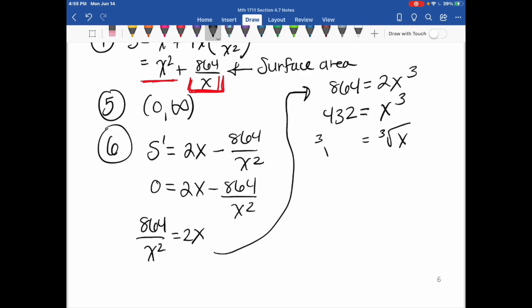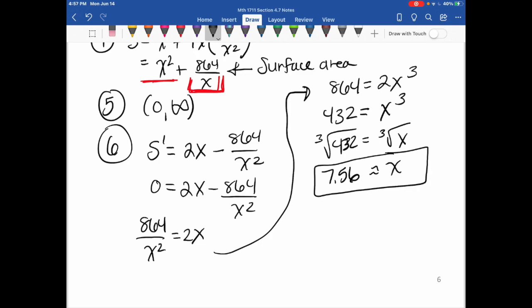And then I could take the cube root of both sides, and I would get that x is approximately the cube root of 432. If we put that in decimal form and round to 2 places, it would be approximately 7.56.